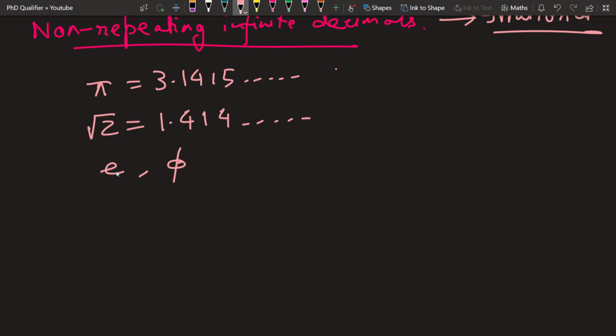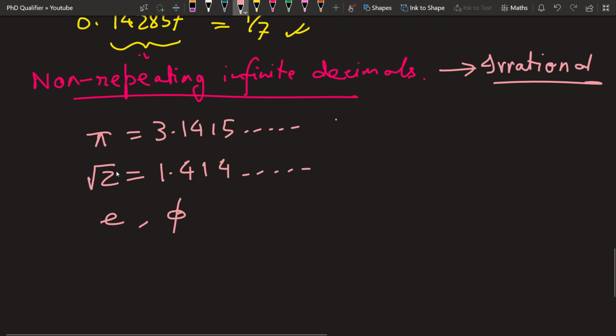There are so many other numbers that are not special like this, but are non-repeating decimals, and they fall under the category of irrational. And we will see how we can attempt counting them, if we can count them, and how we will classify the number of irrational numbers that are there in our real number line. Okay, thanks.